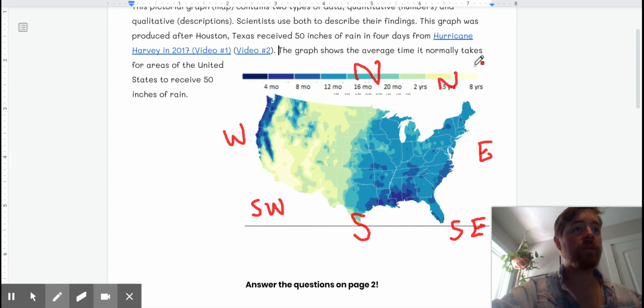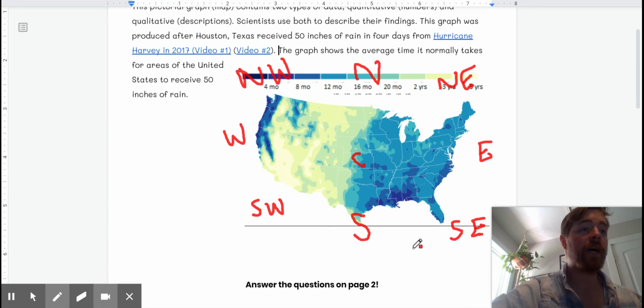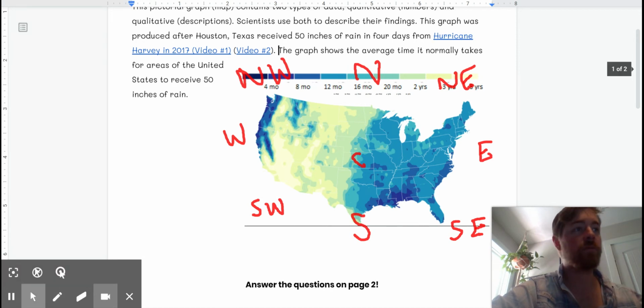Northeast, that'd be up here, Maine, Vermont, all those New England states. And then up here towards Washington State, Oregon, we have the northwest. And of course the middle you could call central, right?